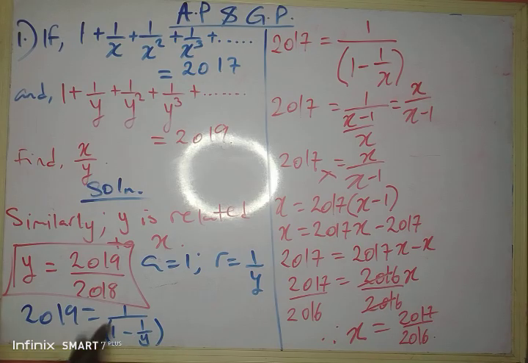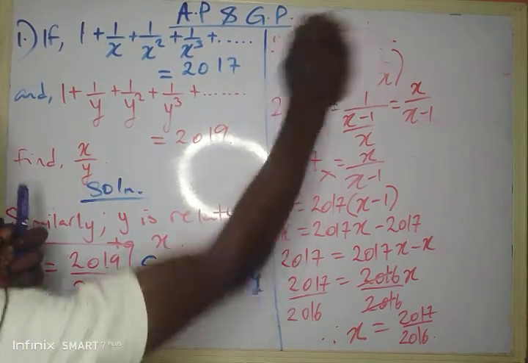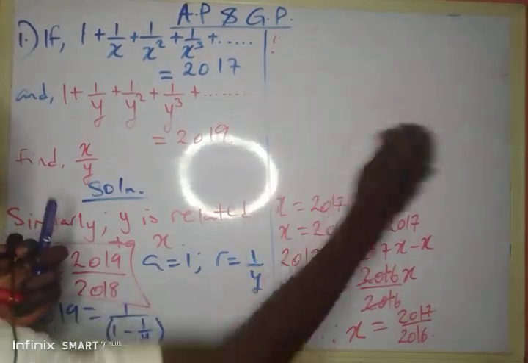I hope you understand this. The infinity summation is 2019. What I have here is now related to this, but the equal to is now different.